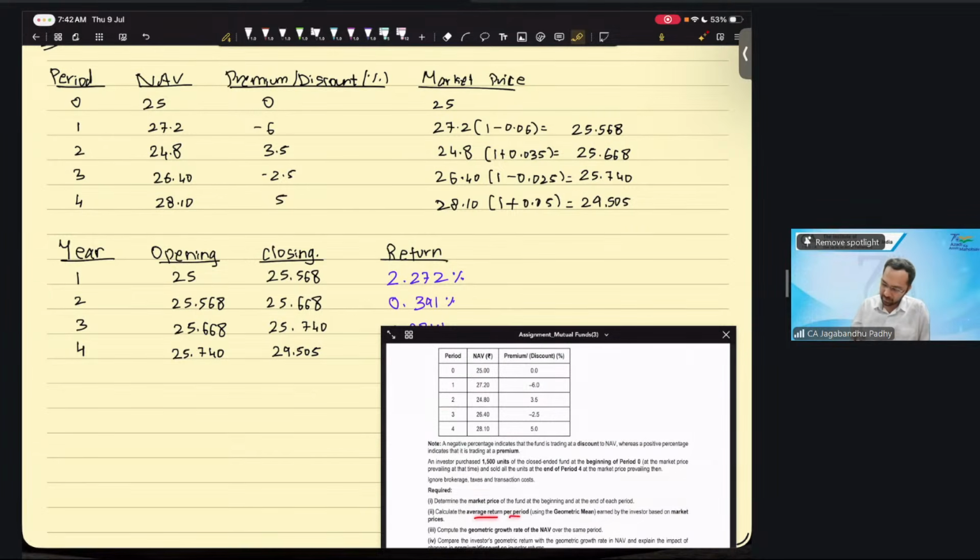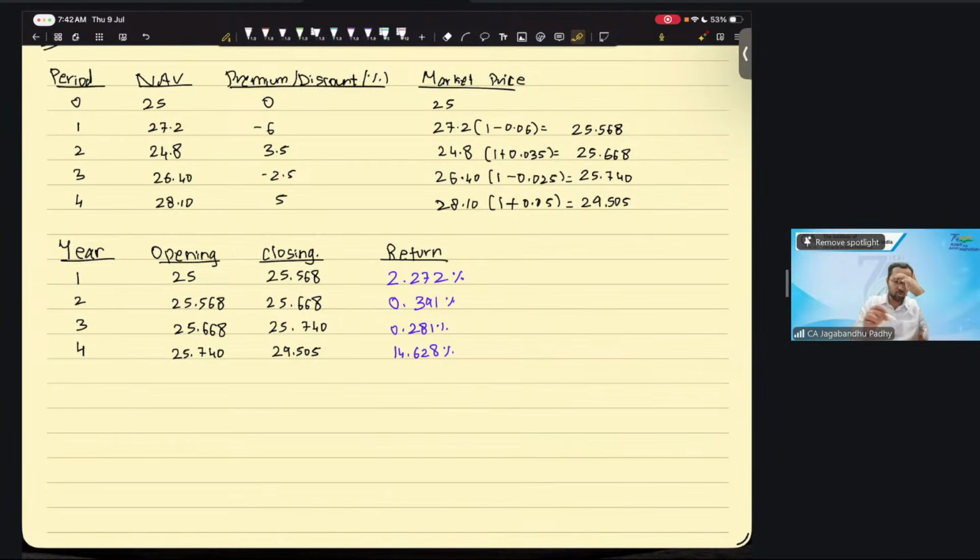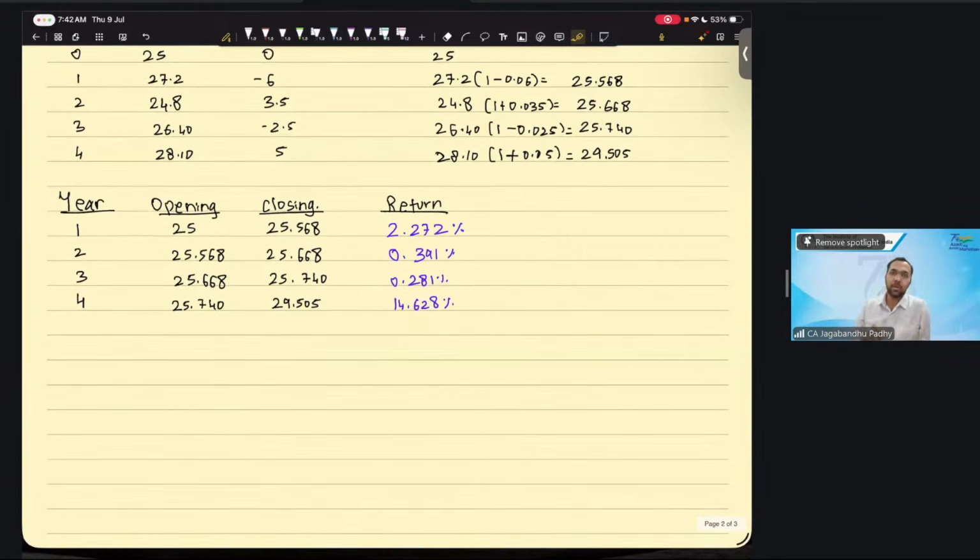Average return per period earned by the investor, now based on geometric mean return, they're saying. So how do we calculate a geometric mean return? Do you know how to calculate the geometric mean? How do you compute geometric mean, by the way, guys? Let's say I give you 4 numbers, actual numbers, 4, 6, 9, 12.